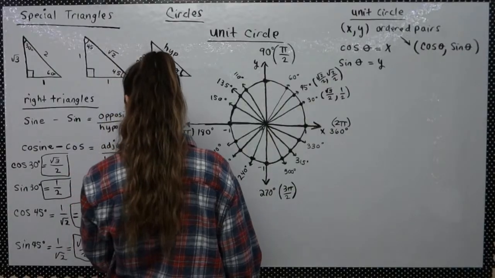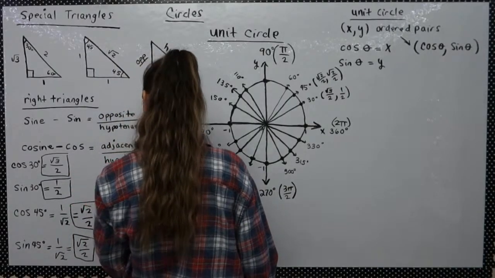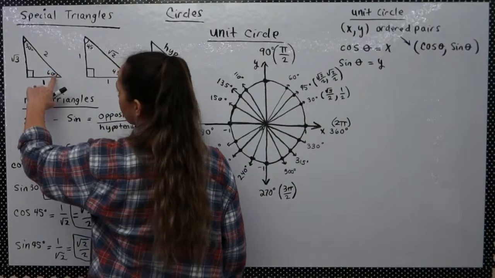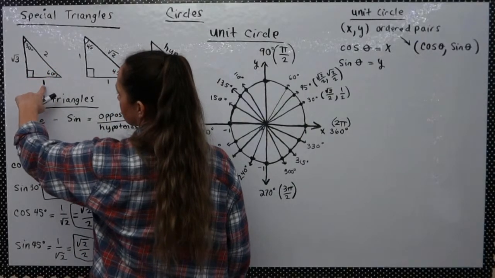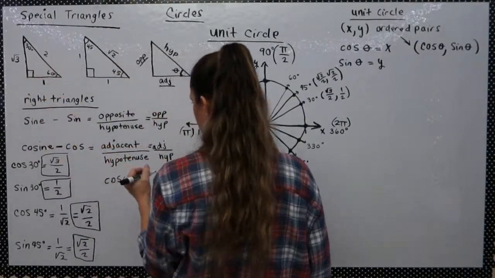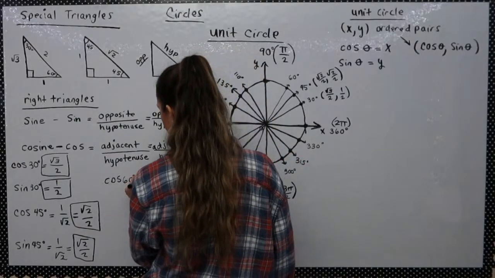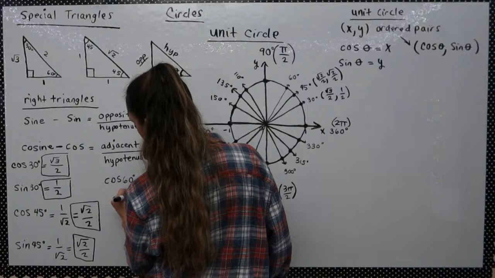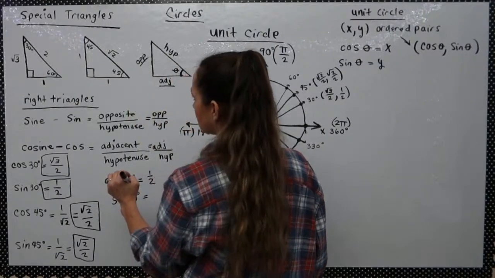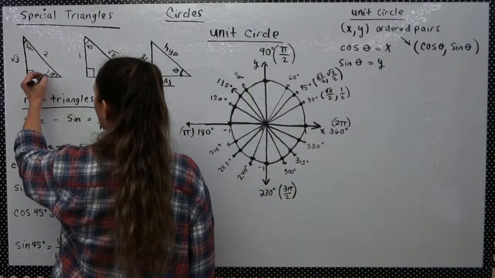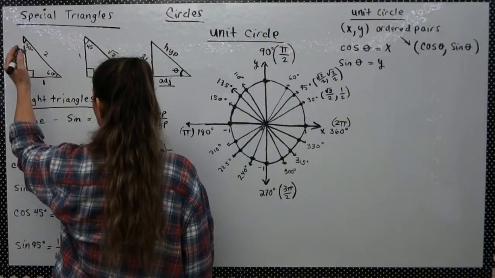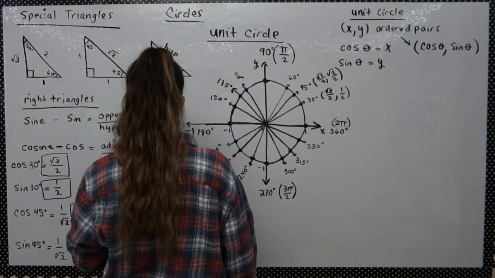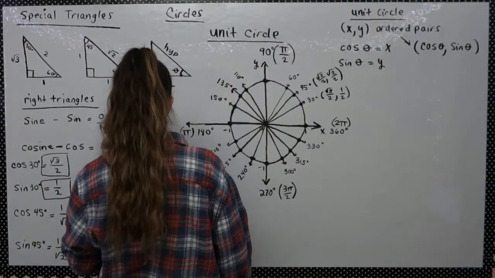Cosine of 60 degrees is going to be, so we're looking at 60 now for our reference angle. Cosine is adjacent over hypotenuse, so that's going to give me 1/2. And the sine of 60 degrees is going to be opposite over hypotenuse. So that's going to be radical 3 over 2.